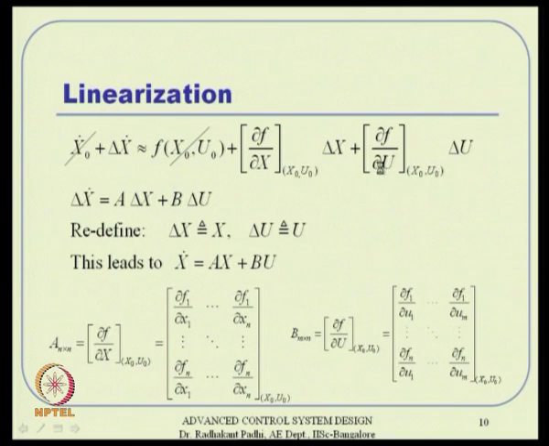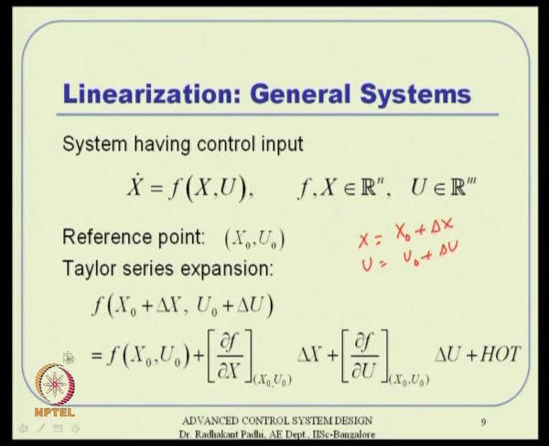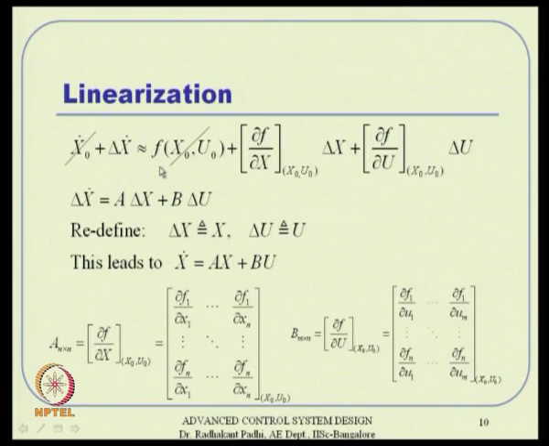So, we will neglect the higher order terms and make this approximately equal to. And after that this will exactly satisfy that. So, that will cancel out, and then we will define this as the A matrix, and we will define that as the B matrix. Remember, these are numbers because these are formulas evaluated at the operating point x 0 u 0 pair actually. So, these are always numbers actually.